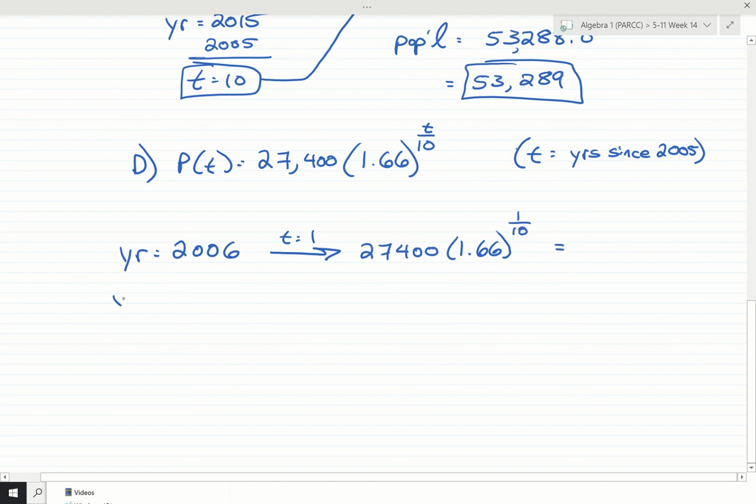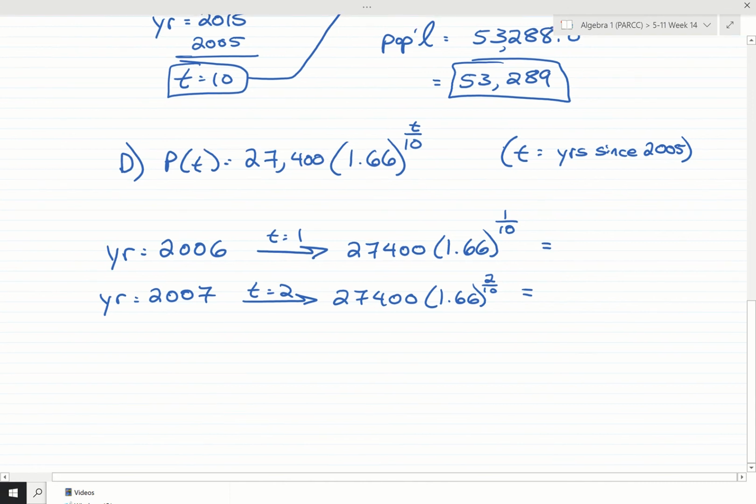And we'll figure out what the population is in the year 2007, where t is equal to 2. And we'll figure out what that is as a percent.